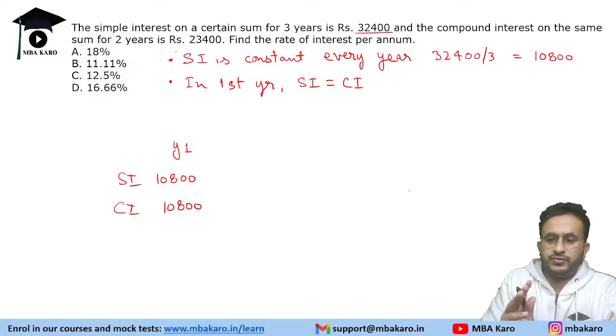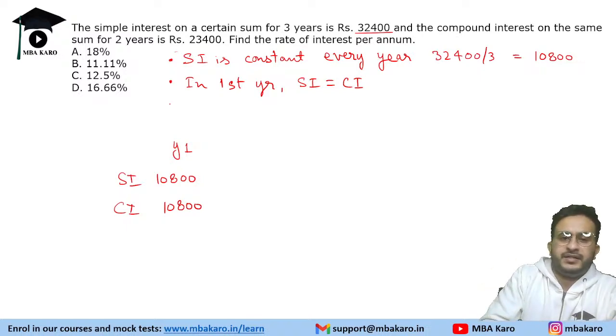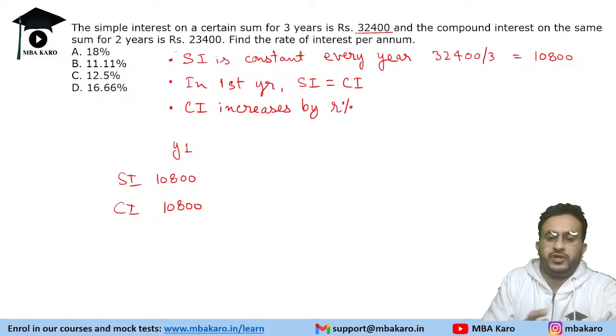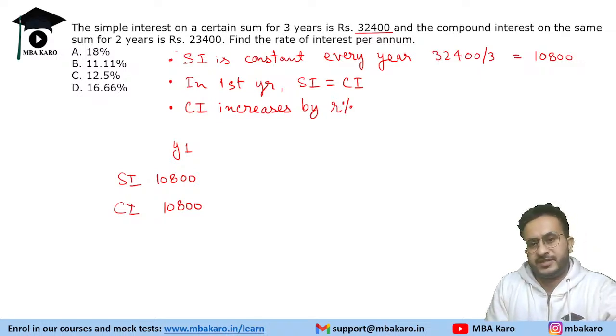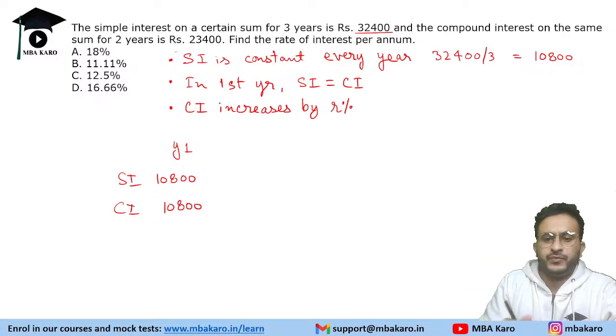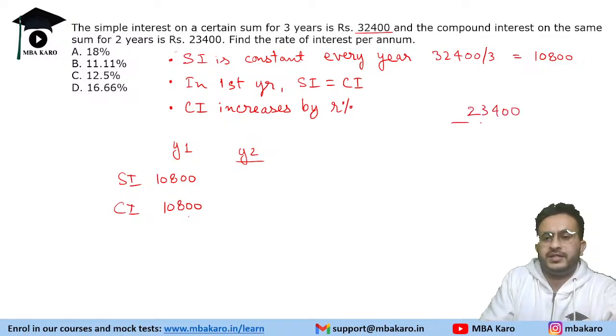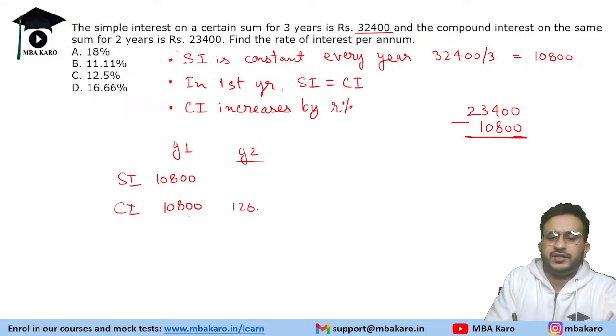Third thing to consider here is that compound interest increases by the rate of interest r%. So every year it increases by r% from the previous year. So first year the compound interest is this. In second year, what is the compound interest? 23,400 minus 10,800. So second year it is 12,600.